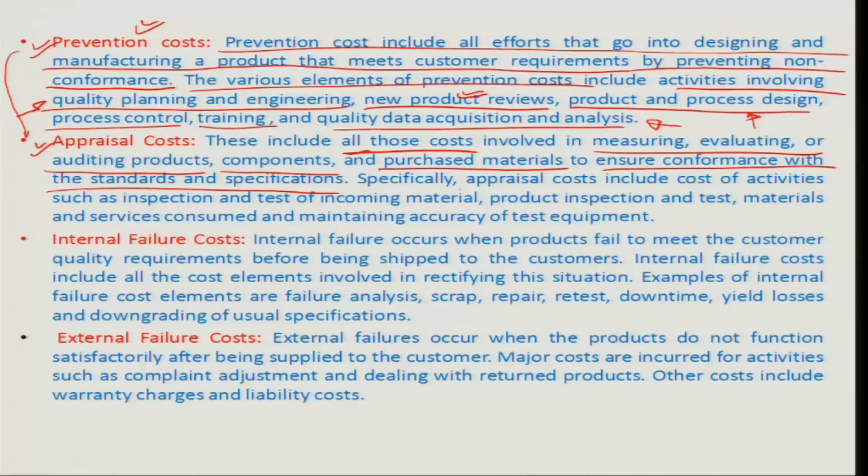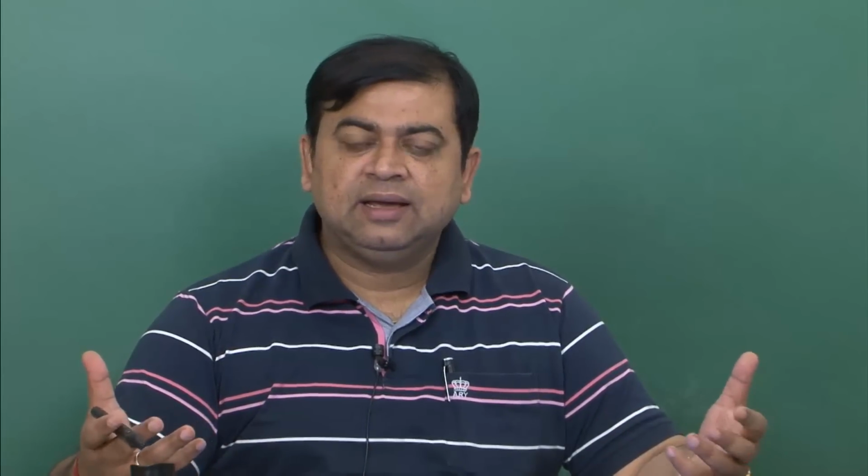Most specifically, the appraisal cost would include the cost of activities related to inspection and test of incoming material. There is, for example, a parts inspection cell which is always there when we are talking about vendor development or supply chain management systems. The parts inspection goal here is to see that if you are having two sources from which the same part is coming, are both the sources complying to the standards laid out.